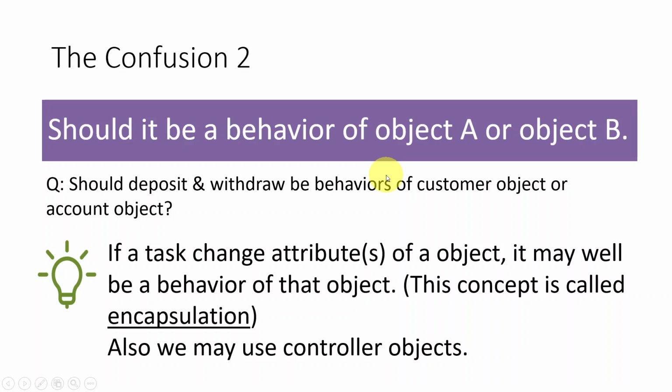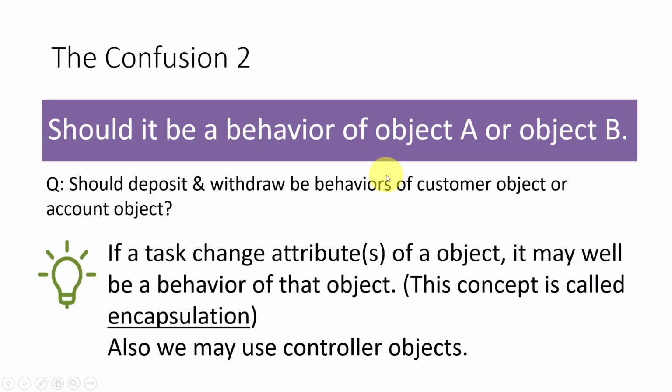That is where the concept called encapsulation comes into the picture, which we are going to discuss in a subsequent session. So if a behavior changes the state of an object, that behavior must be in that particular object. When you deposit money, the balance of the account changes.